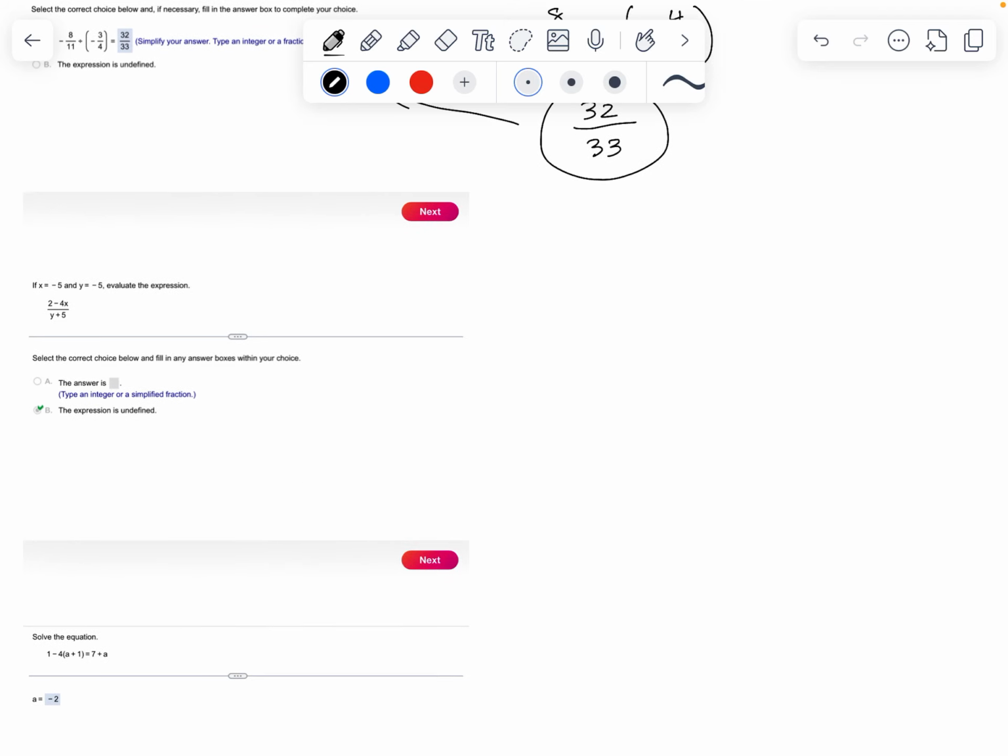Next, if x equals negative 5 and y equals negative 5, they say to evaluate the expression 2 minus 4x divided by y plus 5. In other words, they're just telling you from this expression, replace x and y by the values provided.